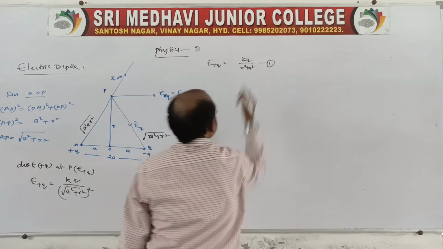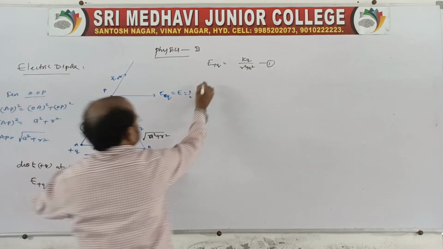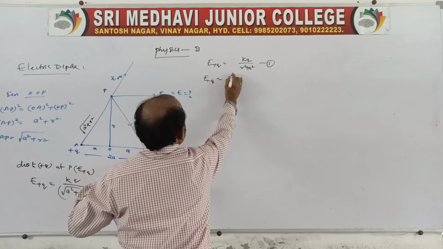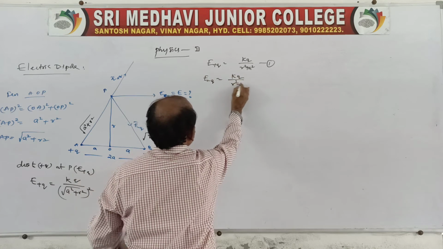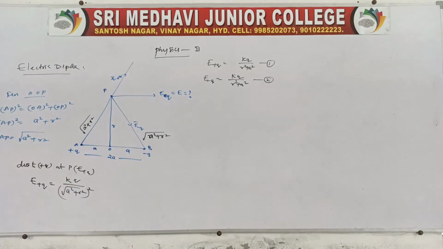It is equation 1. In the same way, take the negative charge also: E minus Q is equal to KQ by, of course it is the same, because the distance is the same. But what is being asked is that we have to find the electric field intensity at point P.